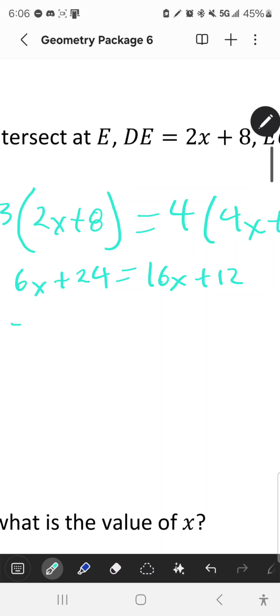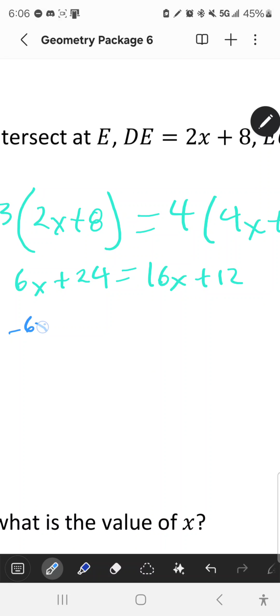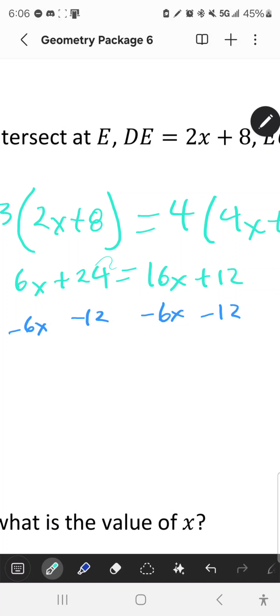Now we subtract 6x from each side. Subtract 12. And we have this cancels out here, and this cancels out here. So 16 minus 6 is 10. So 10x equals 24 minus 12, which is 12. x equals 12 over 10.